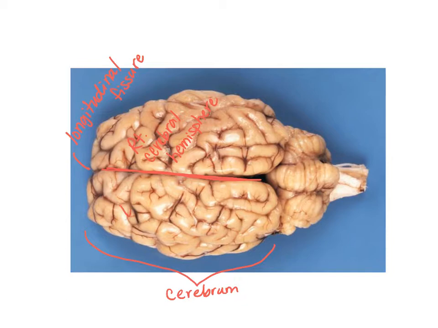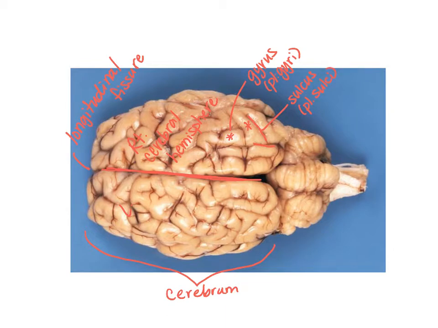Other features of the cerebrum include the gyri and the sulci. So the gyri are these bumps that you see here. A singular one is called a gyrus, and a plural, so multiple bumps, is called the gyri. Now the kind of ravines in between the bumps, a singular one is called a sulcus, and plural is sulci.